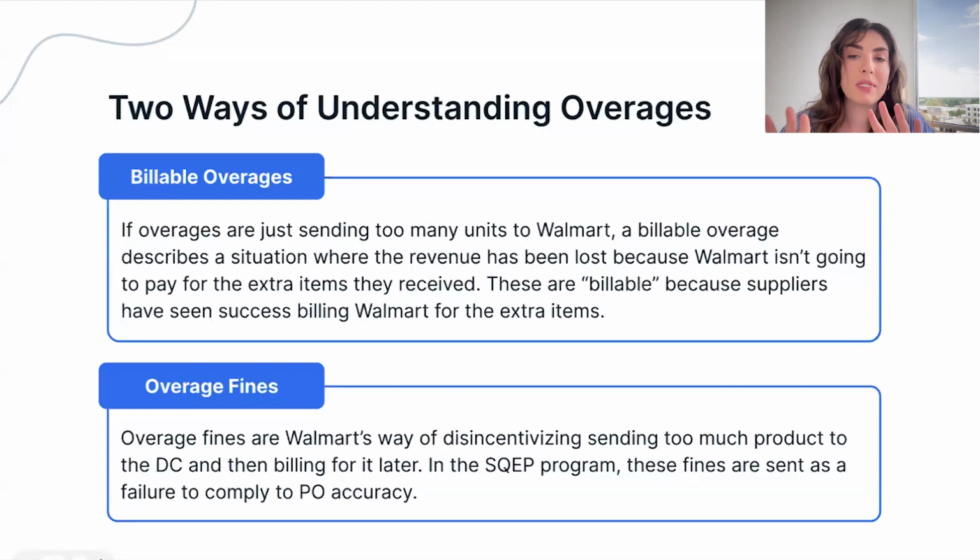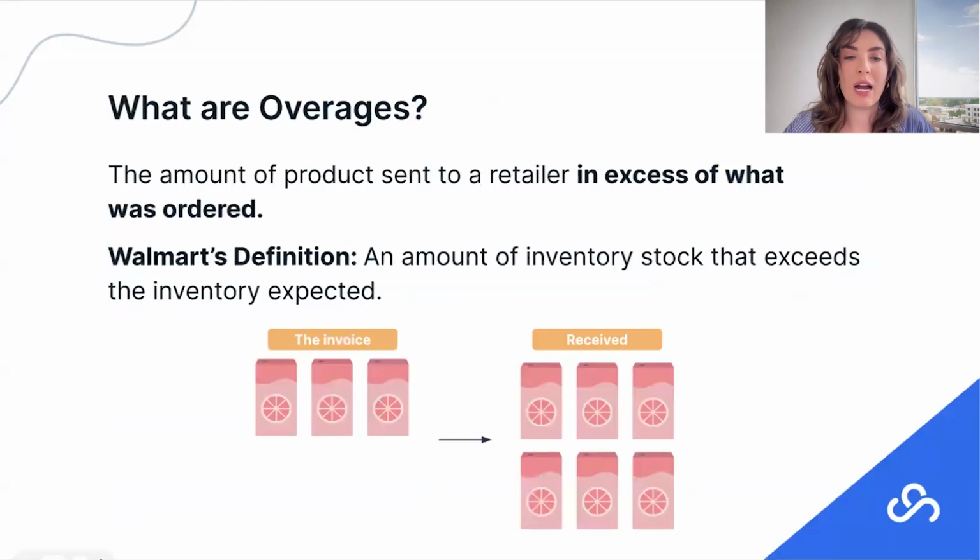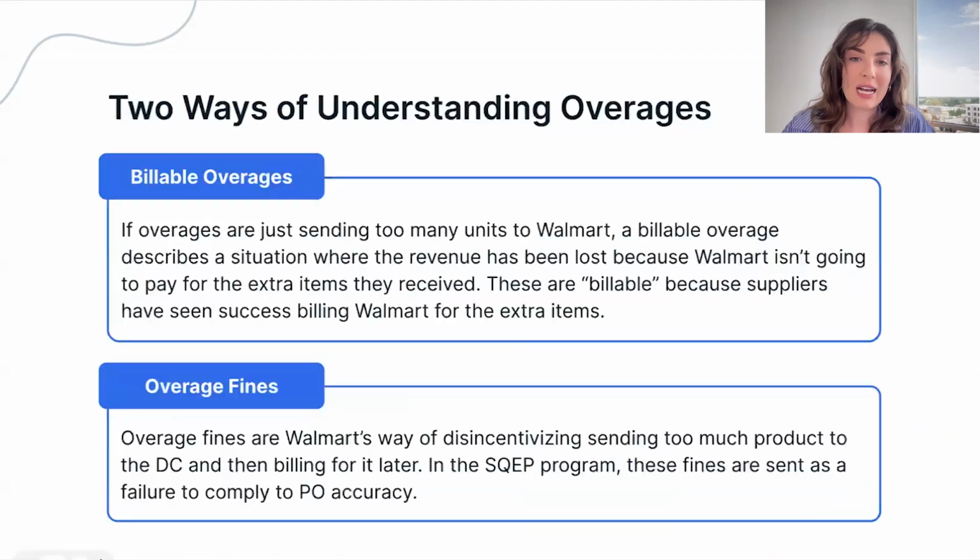I'm saying usually because we've separated them out here, an overage fine, but there is sometimes where there's a bit of overlap, but that's going to be more of an edge case. So billable overages are overages that you've, done this classic example and you've sent 6 of those juice boxes. You can actually send another invoice to Walmart for the 3 additional juice boxes to pay for that additional inventory.